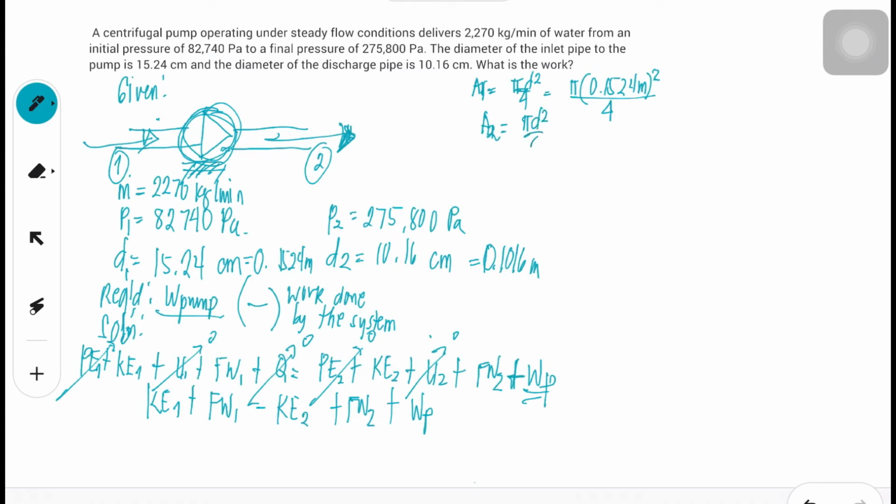Pi d squared over 4, 0.01016 meter divided by 4.